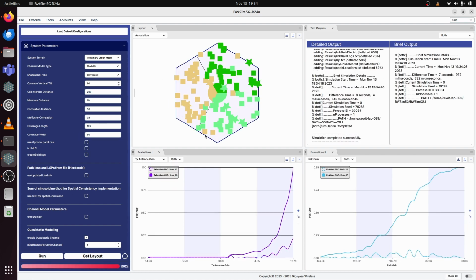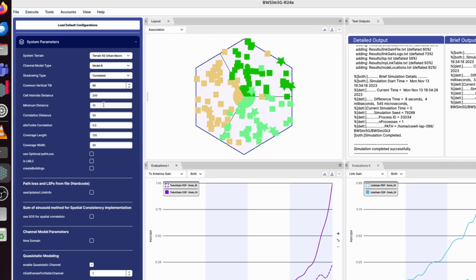Now remember, this is the layout for the cell where the minimum distance is 10. Now let me clear this and let us increase the minimum distance to 100.